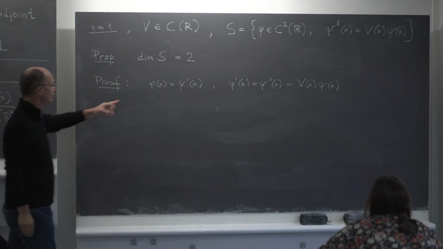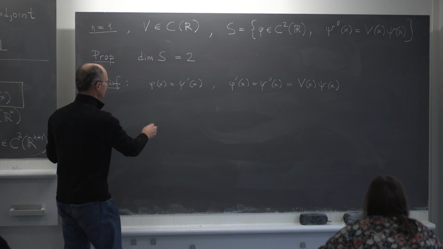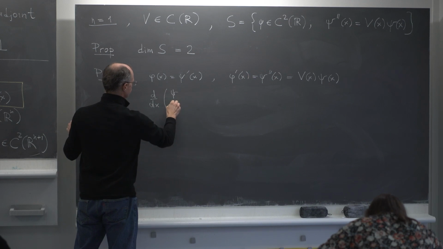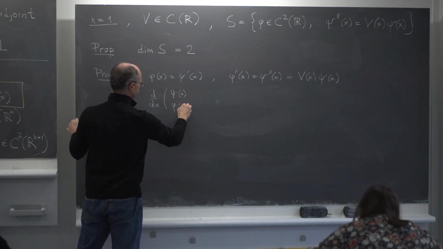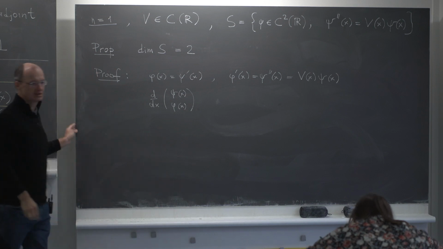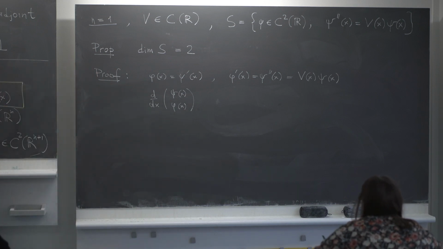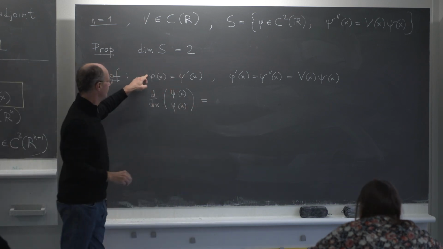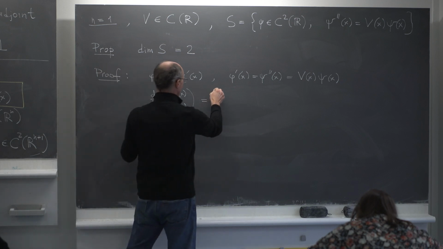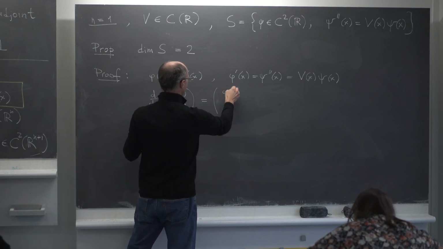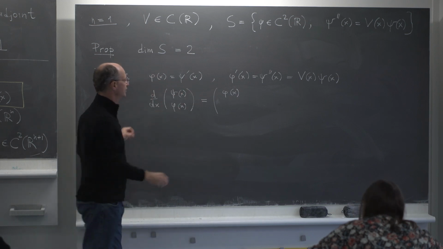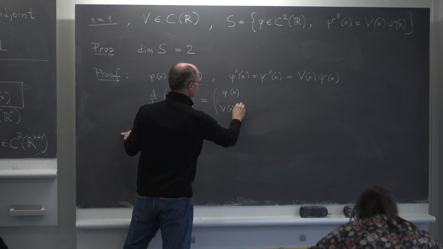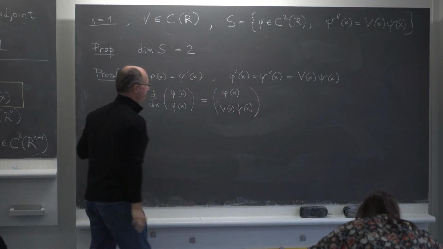So then I can rewrite those two lines in the following way. Let me say that I have a two-dimensional vector with entries psi of x and phi of x, and I consider its derivative. Well, what do these equations say? The derivative of psi is phi, and the derivative of phi is v of x psi of x.